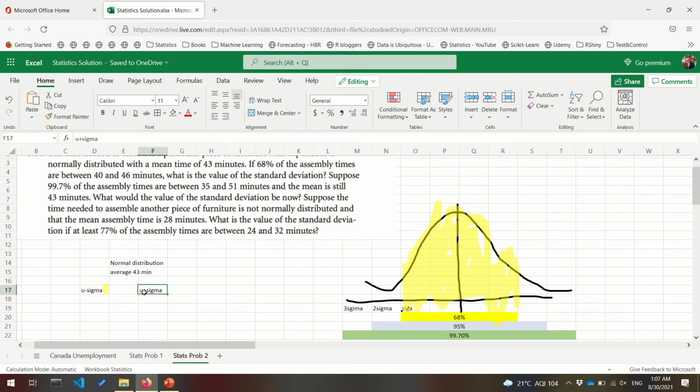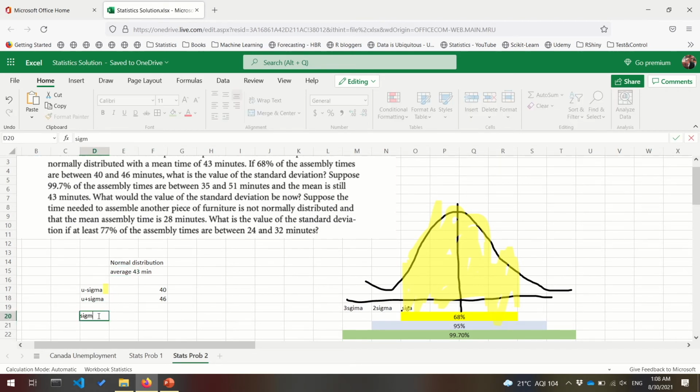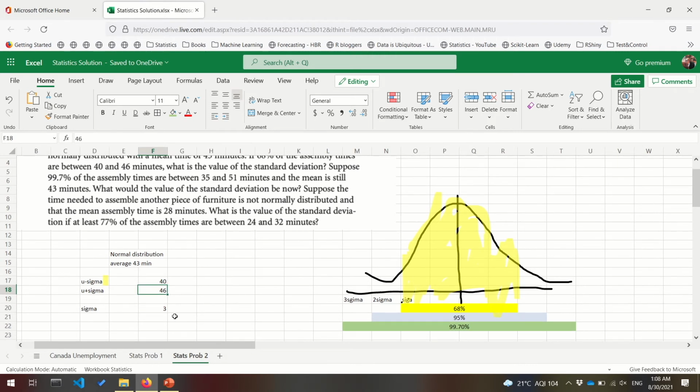So if I write this is your 40 and this is your 46 and mu is your 43, can you tell me what is sigma? Sigma is equal to 3, because 43 minus 3 will be 40 and 43 plus 3 will give you 46. So sigma is equal to 3.